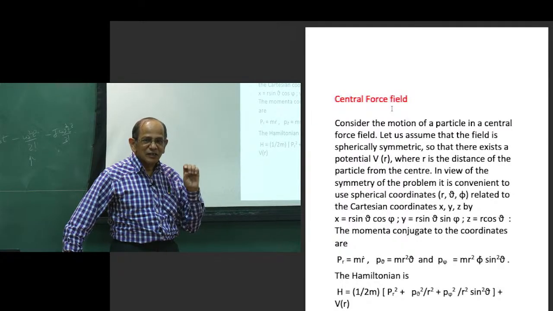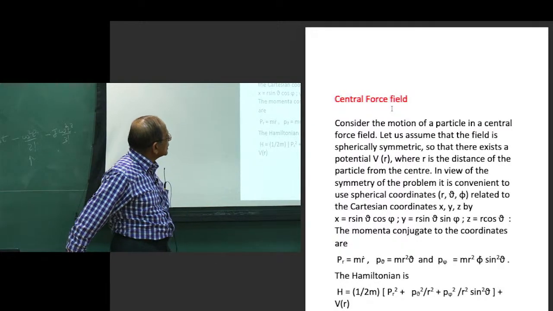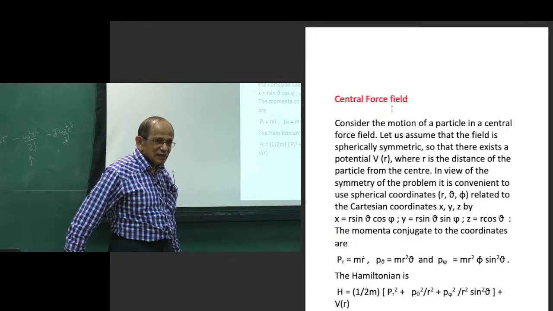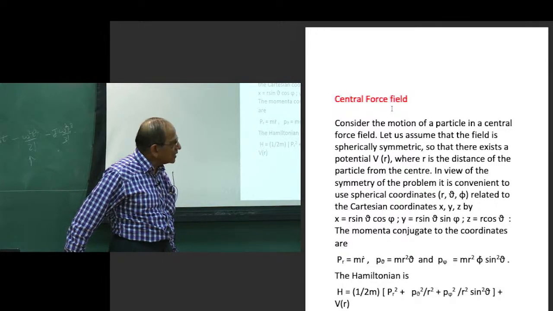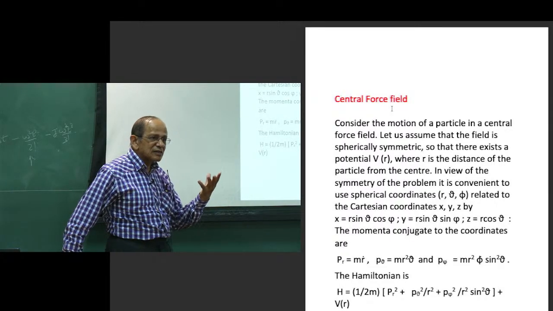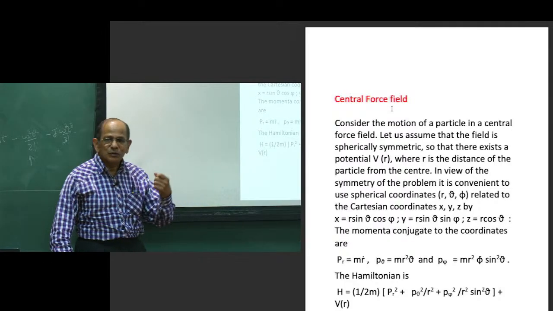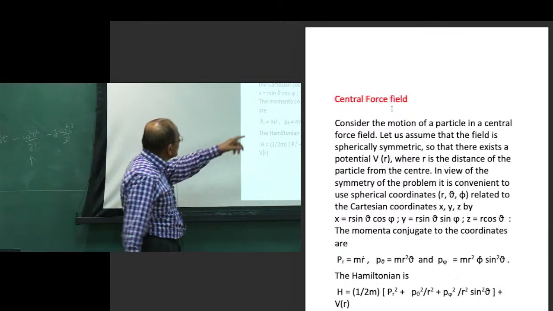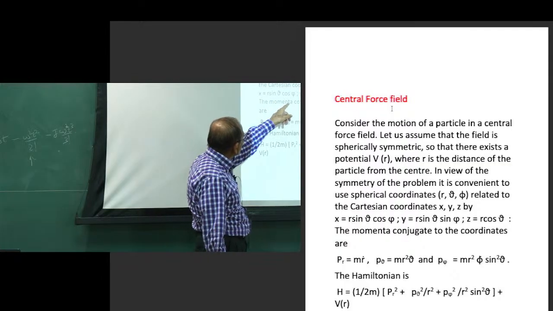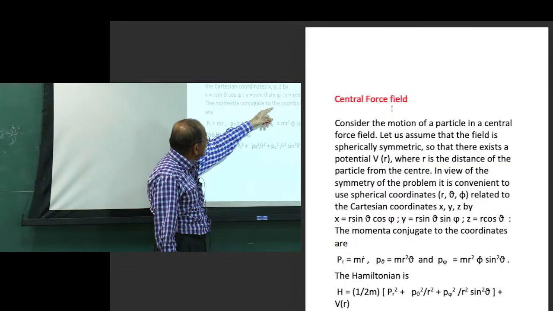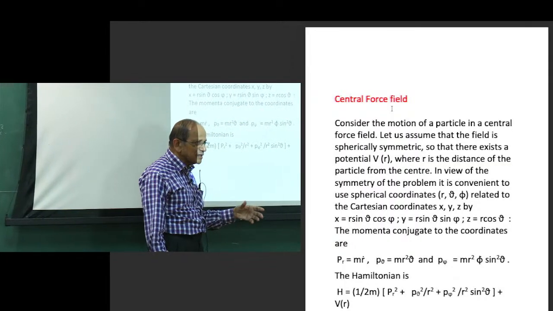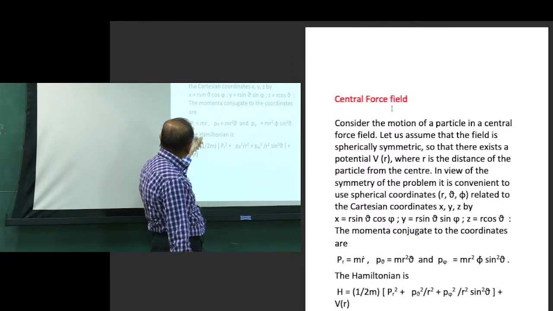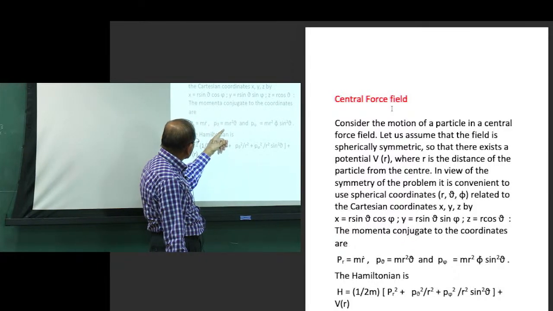Okay. Central force field. It is simple to work out the central force field problem if, instead of considering Cartesian coordinates, you go to polar coordinates. So, introduce x equal to r sin theta cos phi, y equal to r sin theta sin phi, and z equal to r cos theta, and then rewrite those equations, where Pr is m r dot, P theta is m r square theta dot.